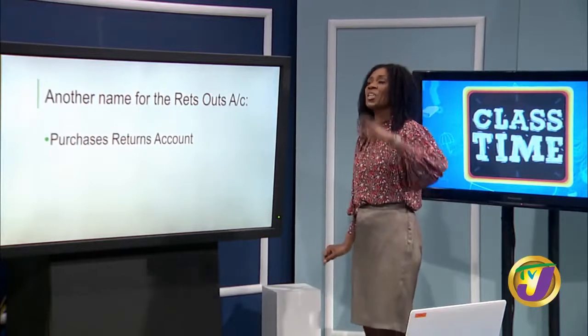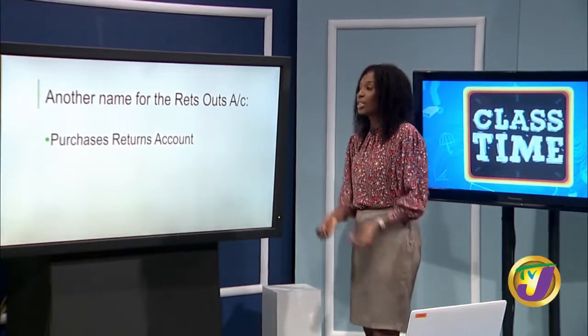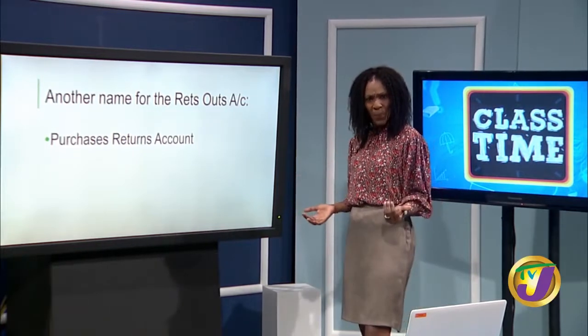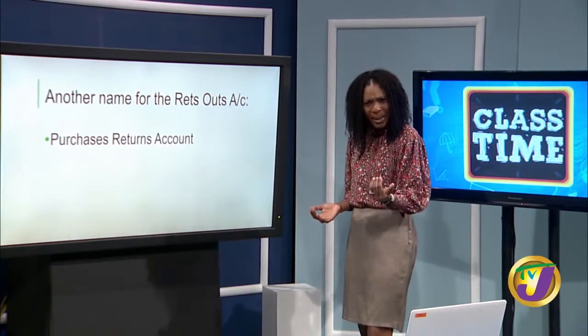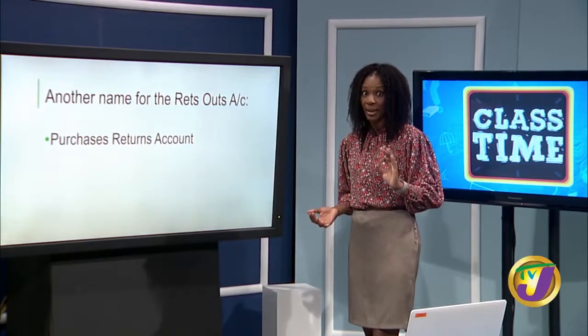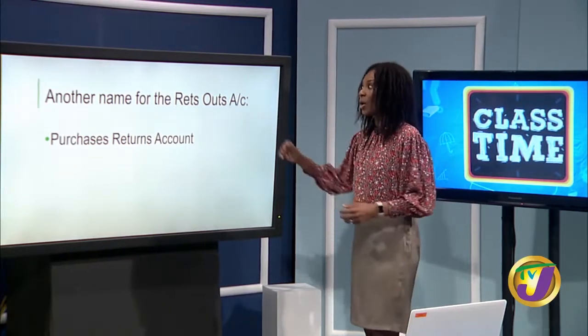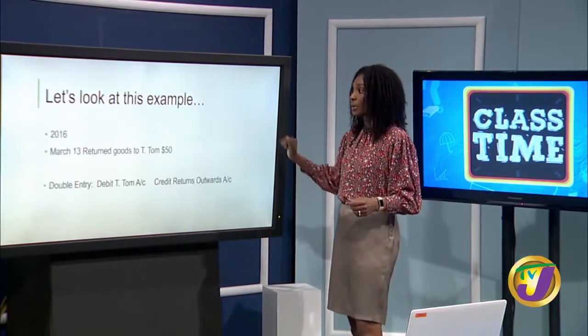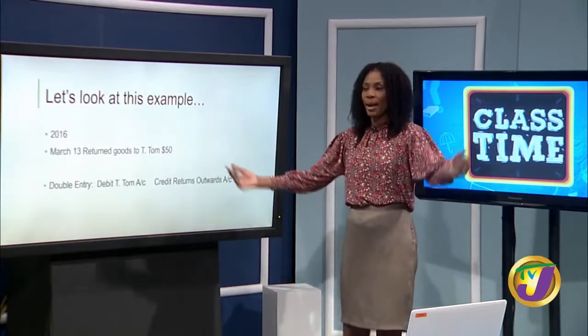Now, another name for the returns outwards account is the purchases returns account. Makes sense, not true? Purchases returns. When we buy, we're returning. Stock bought for resale is now being returned. So we call it the purchases returns account or the returns outwards account. Now let's look at an example.